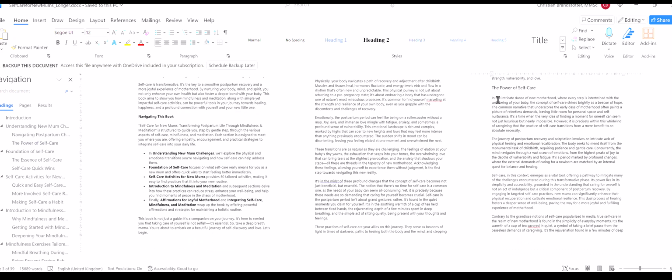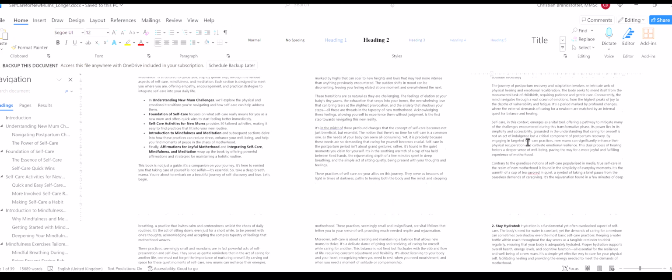It's usually not an entire paragraph. It's usually just a few phrases that are really strange. So, in the intricate dance of new motherhood, probably you can think of something yourself to make this sound more natural. But yeah, these are the kind of things we need to humanize.